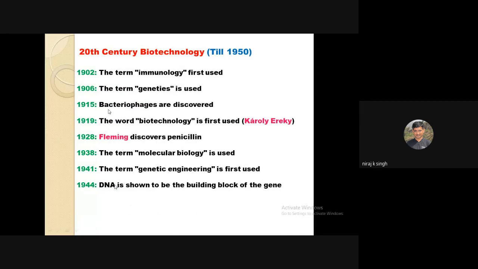In the 20th century, before the 1950s, some developments in the field of biotechnology were: the term genetics was given in 1906, and in 1915, bacteriophage was discovered. In 1919, Karl Ereky gave the term biotechnology. Karl Ereky is considered the father of biotechnology. He was an engineer.